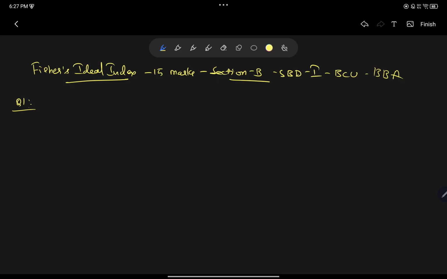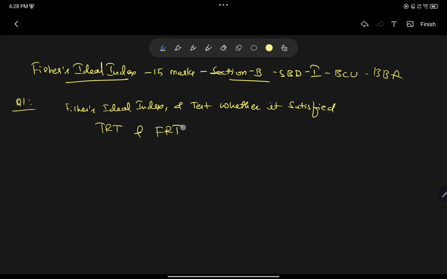They have said, from the following data, calculate Fisher's ideal index and test whether it satisfies time reversal test and factor reversal test, TRT, FRT.